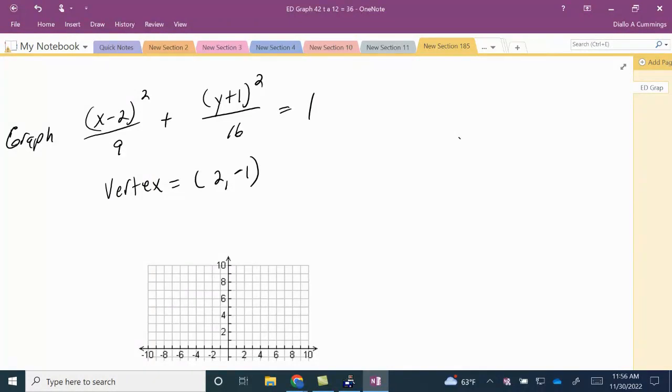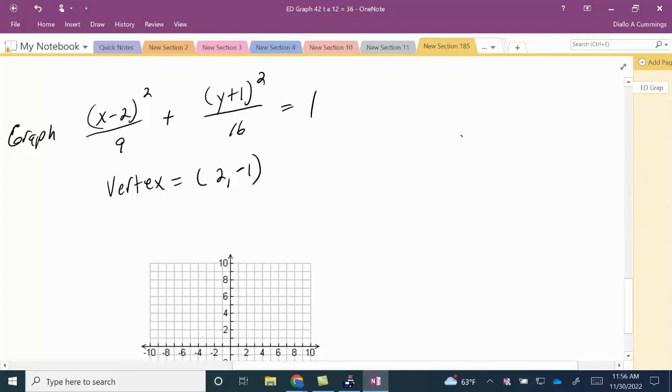Next, we have to find the major axis points. Keep in mind, since 16 is the largest denominator and it's under the y term, our major axis is going to be along the y-axis, so we have a vertical major axis. And then our minor axis is going to be horizontal.